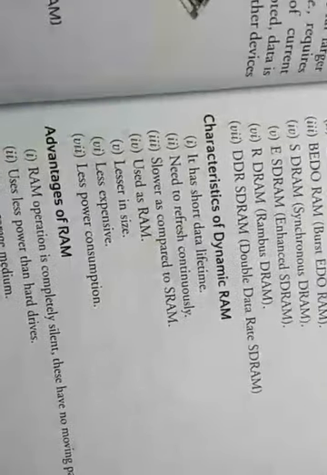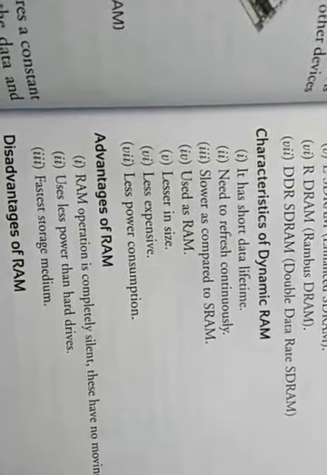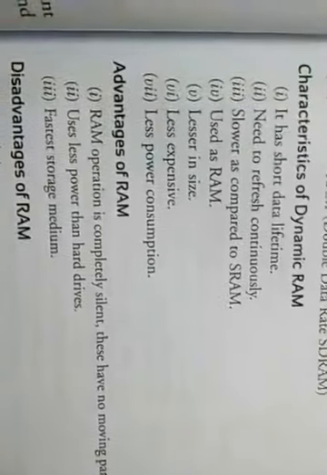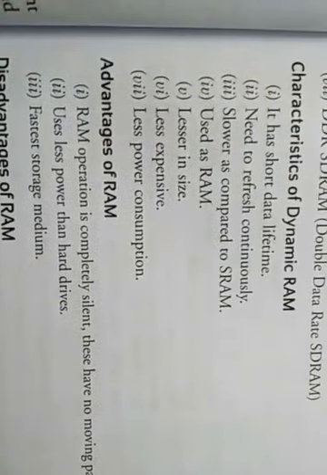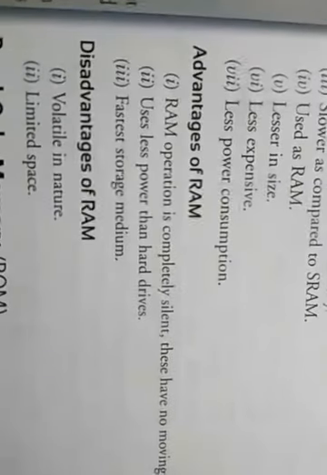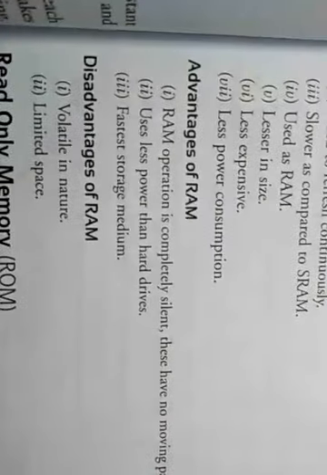The advantages of RAM are that its operation is completely silent, it has no moving parts, uses less power than the hard drive, and is a faster storage medium. And the disadvantages of RAM are that it is volatile in nature and has limited space.